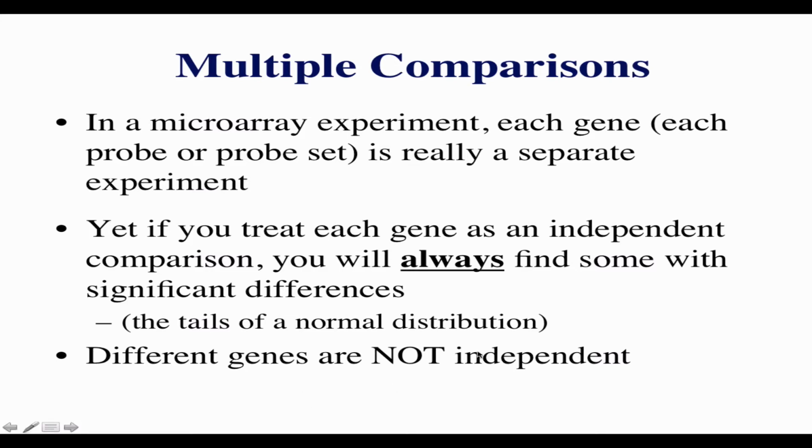Another problem, which is an assumption that we would make in this kind of approach, is that the different genes are not truly independent, right? We're measuring them and testing their expression separately, but in fact we know that there's a lot of coordinated expression, that the genes are moving up and down together, or in some cases opposite each other. When this one goes up, this one goes down because it's a negative regulator of that and a positive regulator of itself.